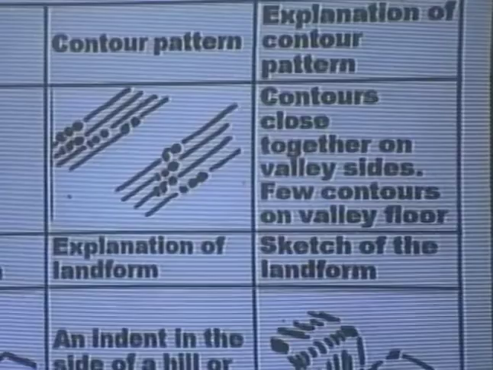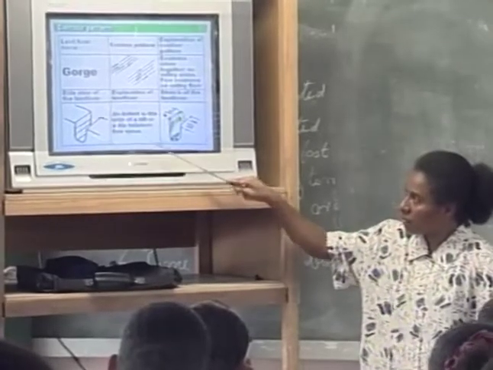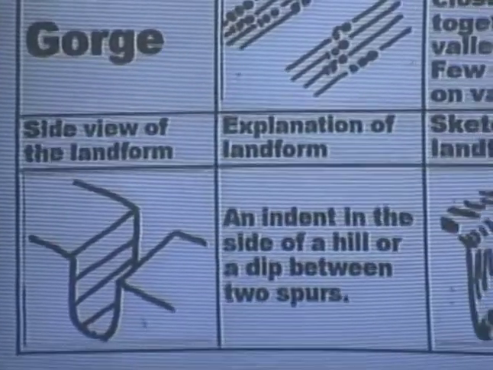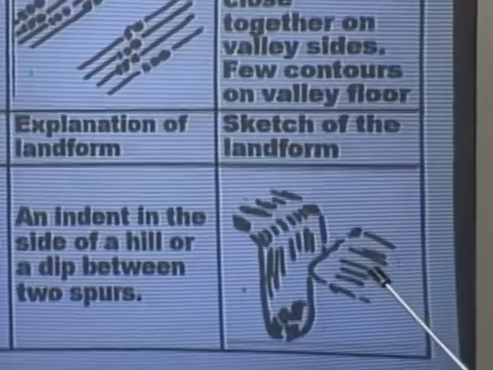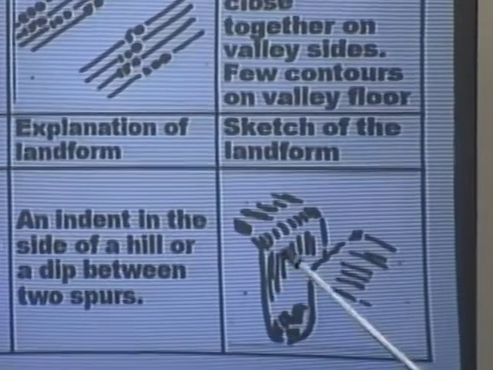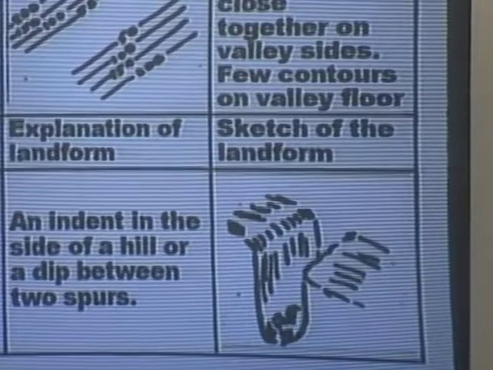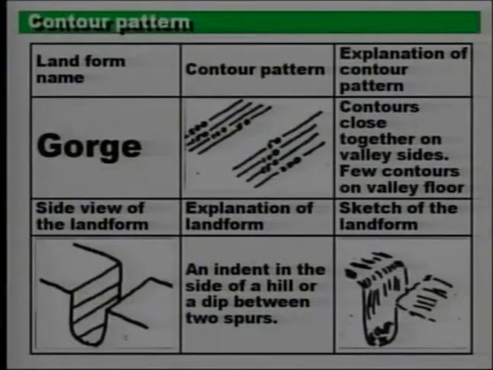A side view of the landform, the valley side, and the valley floor at the bottom here, and a sketch of that particular landform, again the valley side and the valley floor at the bottom. A contour pattern of such would give us the landform called a gorge. Any questions with regard to that landform? No? Okay, we'll move on.